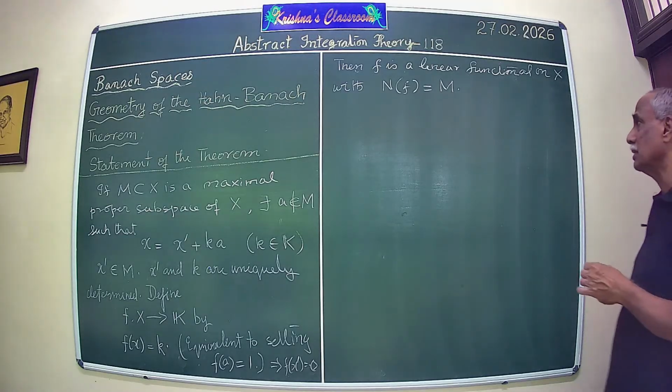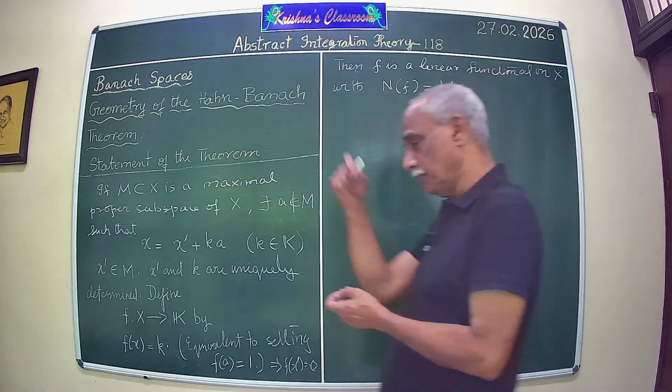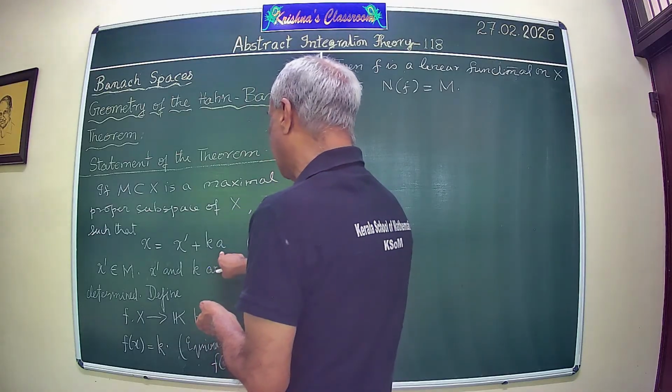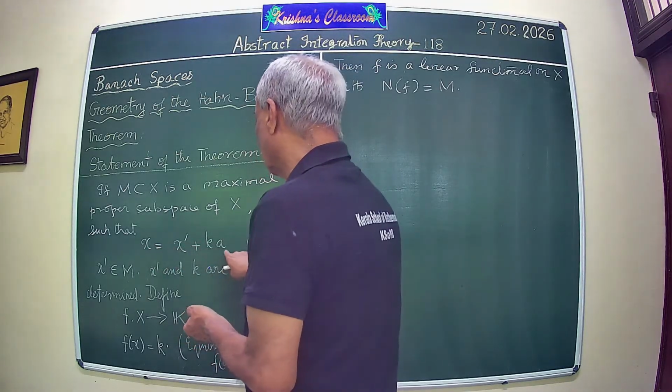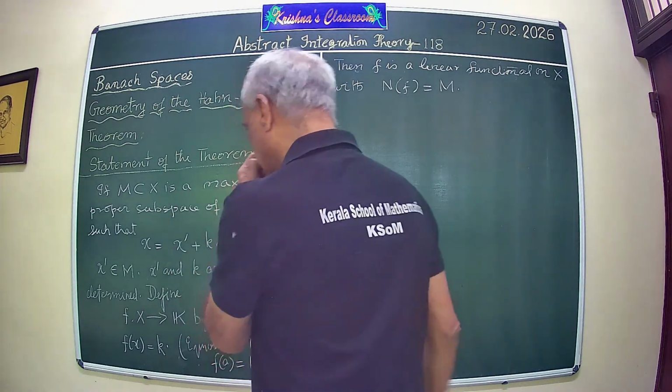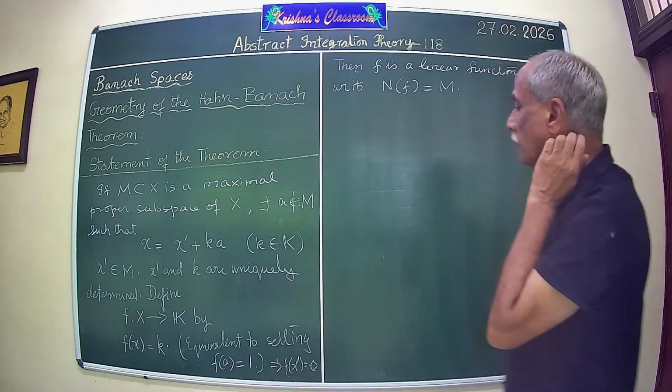That is why, to fix that, you set a point A, and after having chosen A, you fix f of A equal to 1.